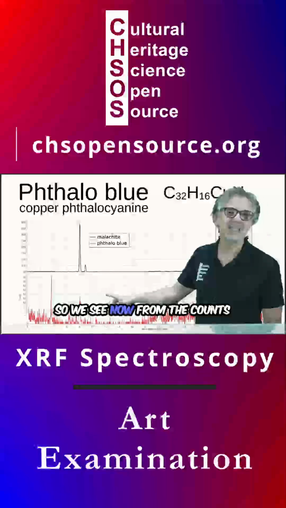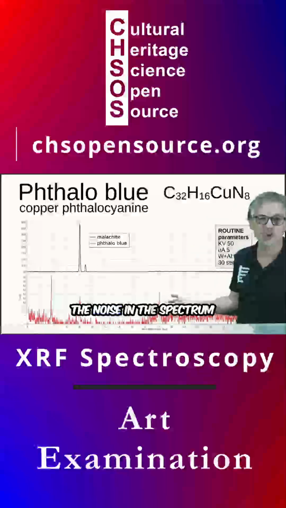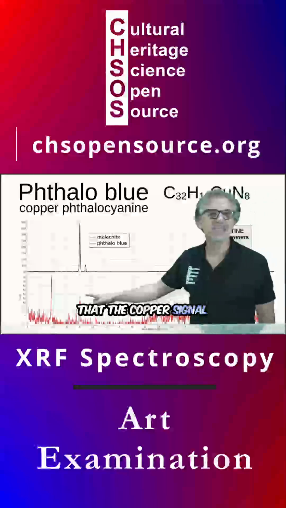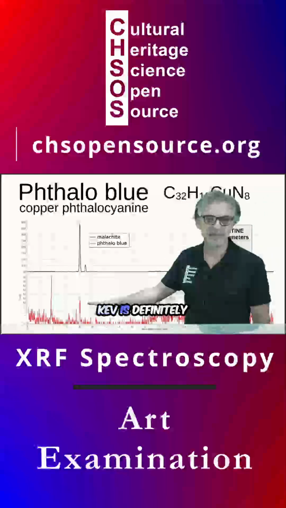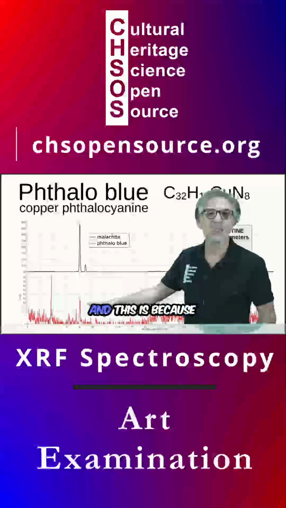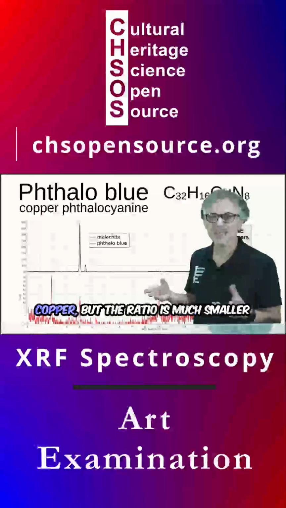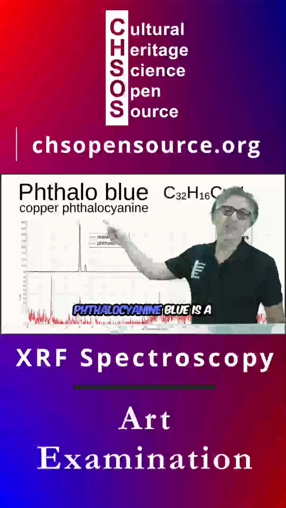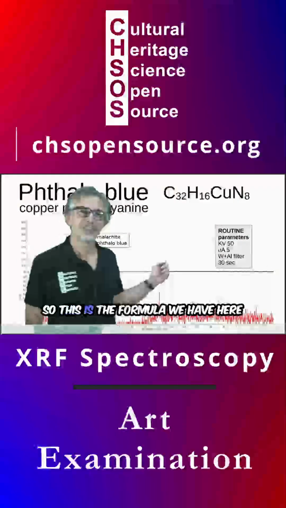We compare this spectrum, the red one for phthalocyanine blue, with malachite, the previous one. We see from the counts, but also from the noise in the spectrum, that the copper signal, this peak over here at 8 keV, is extremely much smaller. This is because phthalocyanine blue contains copper, but the ratio is much smaller. Phthalocyanine blue is a copper phthalocyanine. This is the formula.